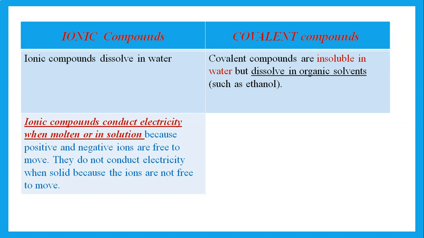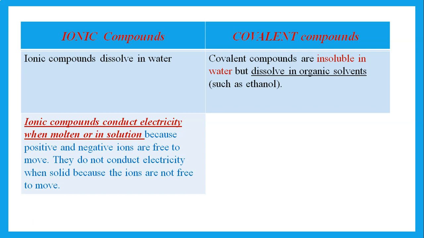When molten, that means I heat it until it melts, or in solution, that means I dissolve it in water, then it will conduct electricity, because when it is molten or in solution, the positive and negative ions are free to move, and that's what we need to conduct electricity. They do not conduct electricity when solid, because when solid, the ions are not free to move.